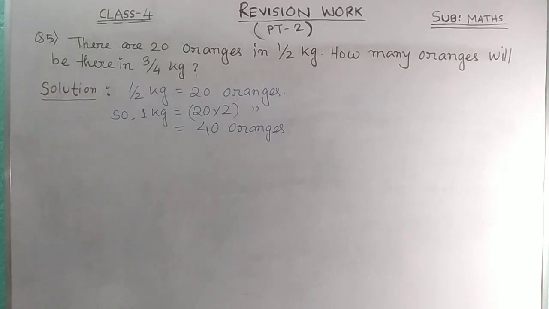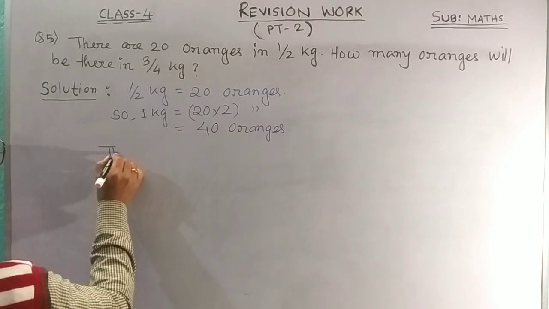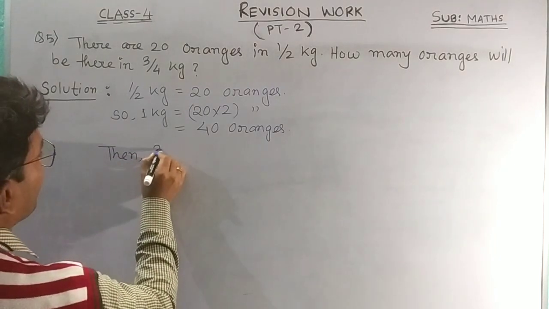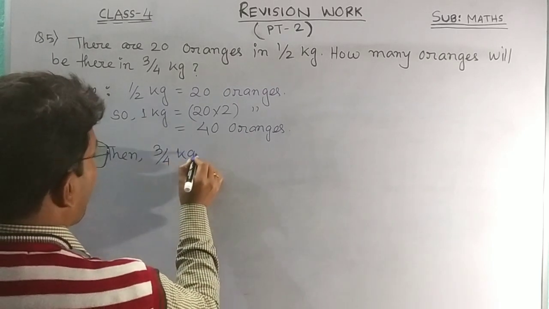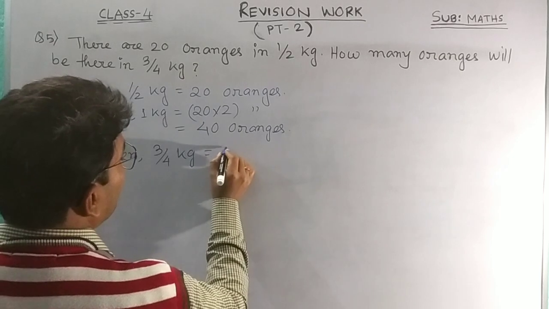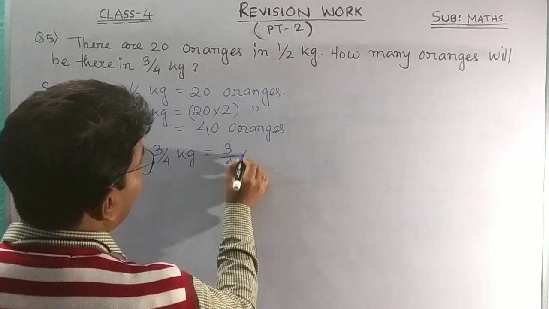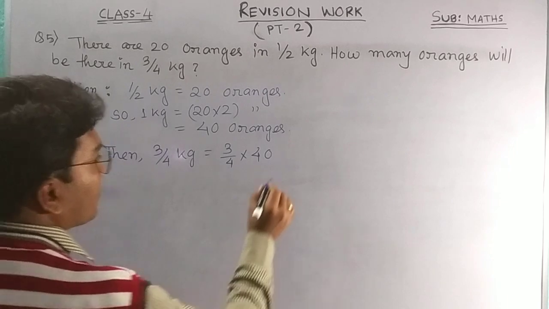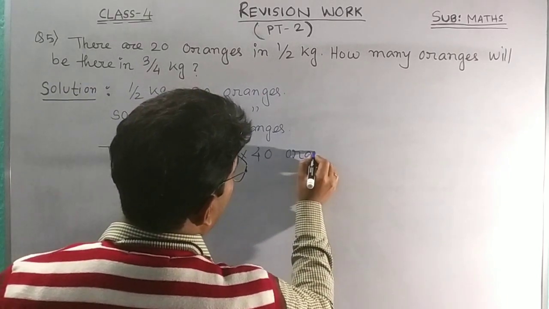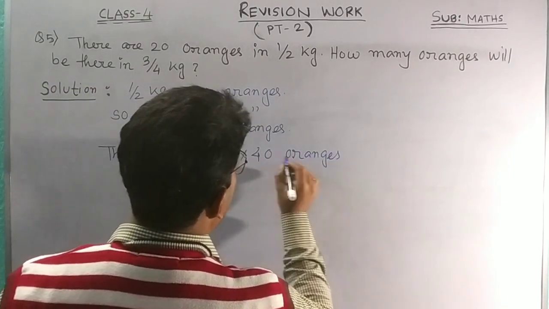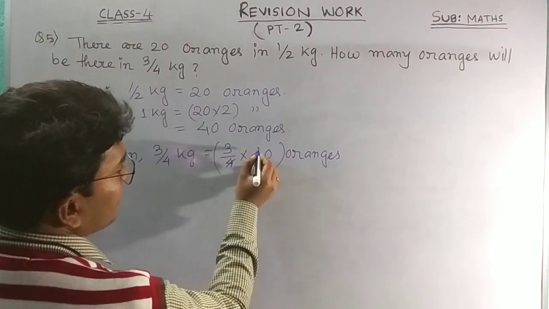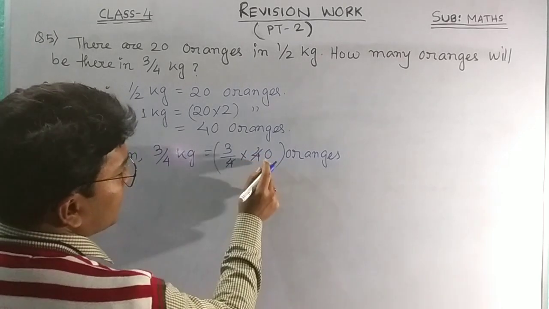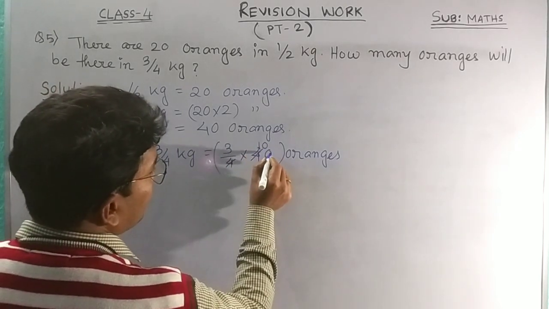Okay, so in 1 kg we have 40 oranges, so we can write it. Then in 3/4 kg we have 3 by 4 multiply 40 oranges. It can be in bracket. Then we can very easily cut this down. 4 and 4. Then 0 will be here, so it will be 10.